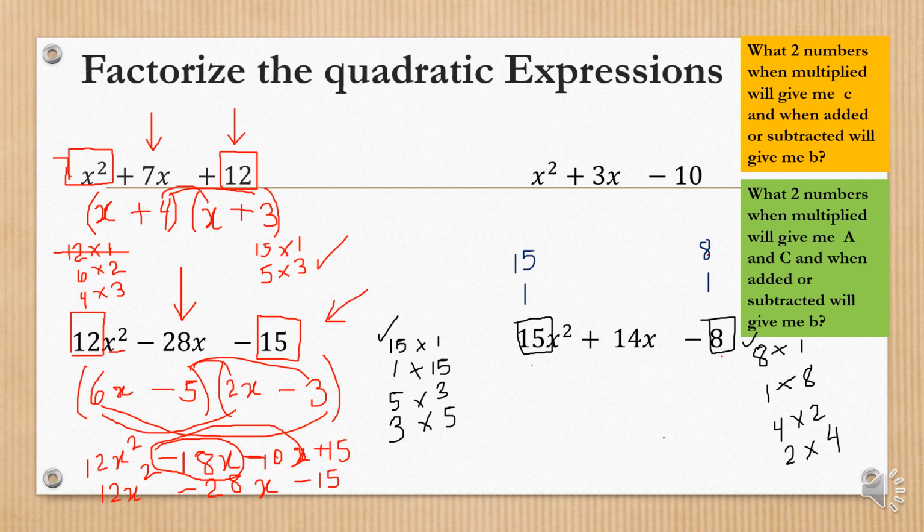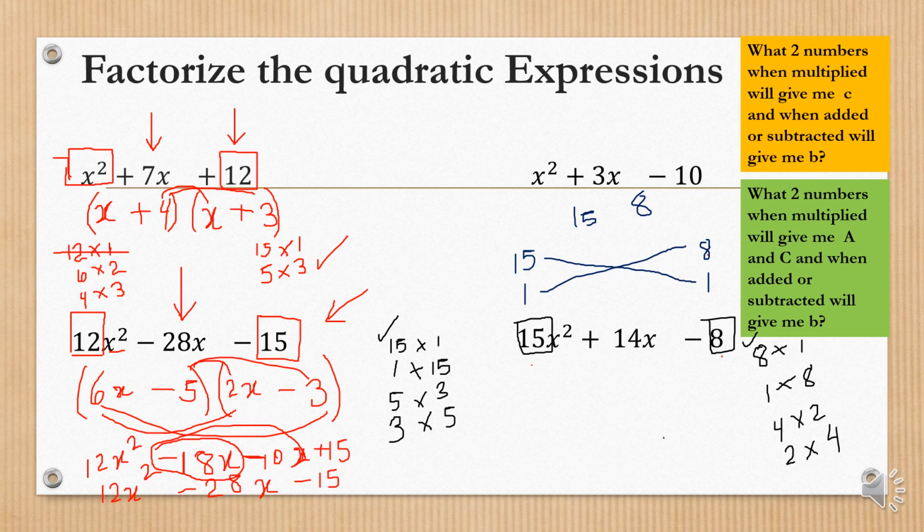Now I'm going to cross multiply to see if I'm going to be getting the answer. 15 by 1 and 1 by 8. Let's go. 15 by 1 is 15 and 8 by 1 is 8. Could I do anything here to give me 14? 15 minus 8 is 7, right? And 15 plus 8 is 23.